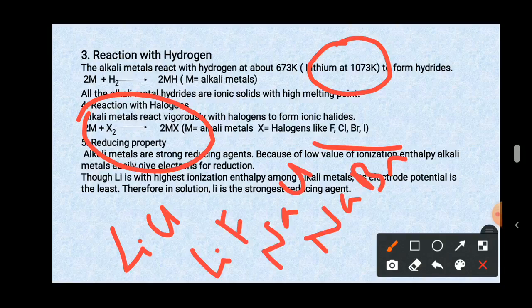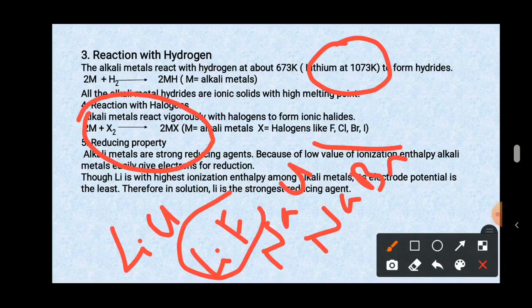Now, one thing about lithium fluoride. All alkali metal halides are soluble in water, but lithium fluoride is insoluble in water. Because of its size: lithium is small, and fluorine also has a small size.